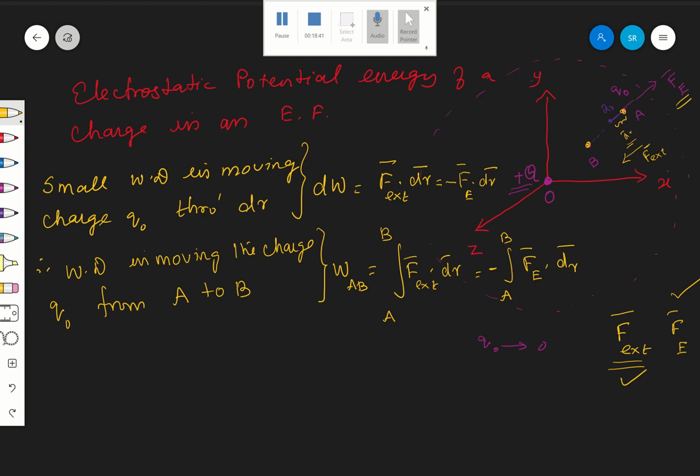Therefore this is the amount of work done in moving a charge Q naught from A to B.